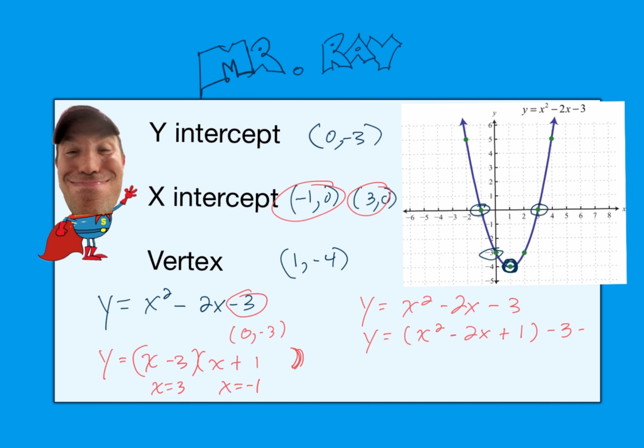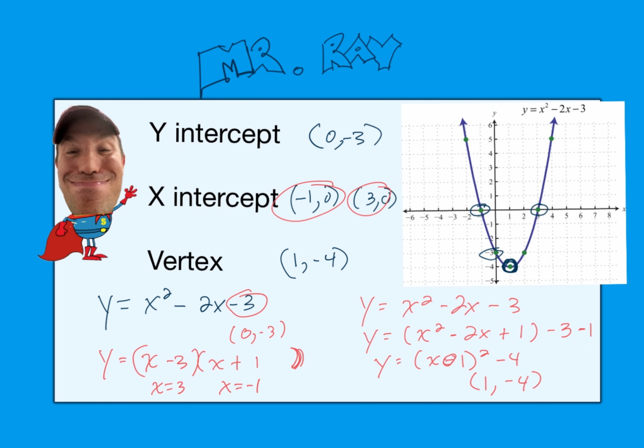And we're going to subtract that same number so it's balanced. We're going to have y is equal to (x minus 1) squared minus 4, giving us (1, -4). Remember that the vertex has that negative sign in the equation. So I know that it looks like a -1, but it's actually a 1. Okay? So that's how we get the points.